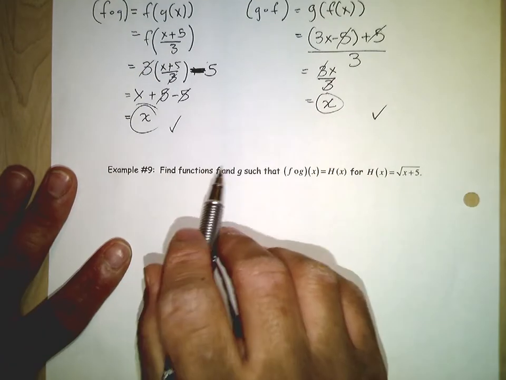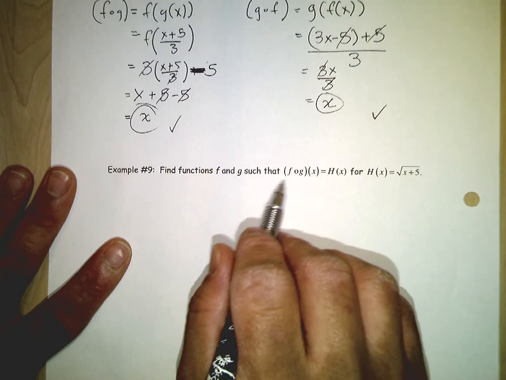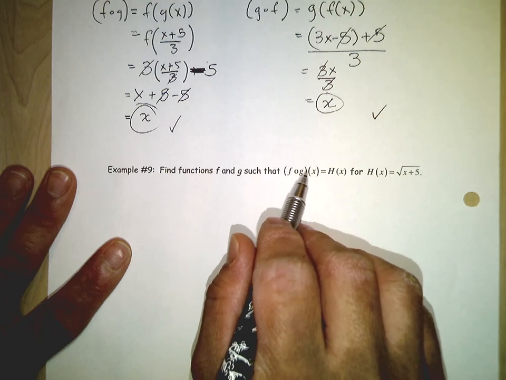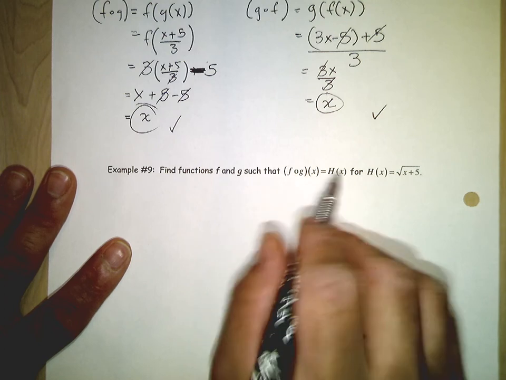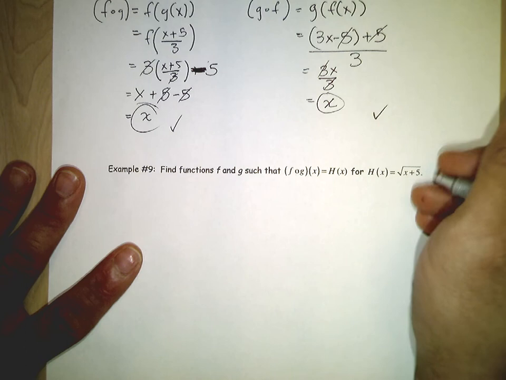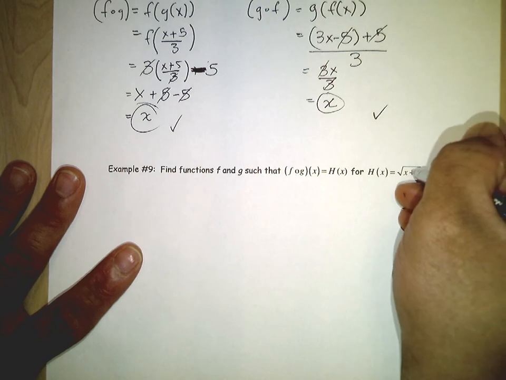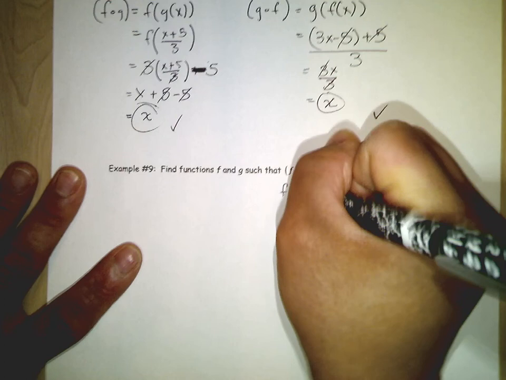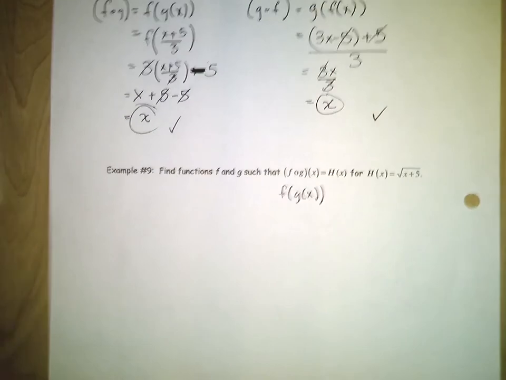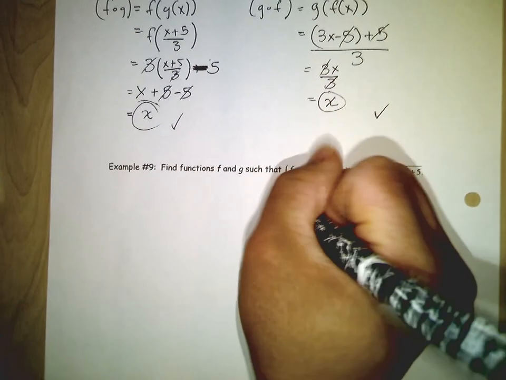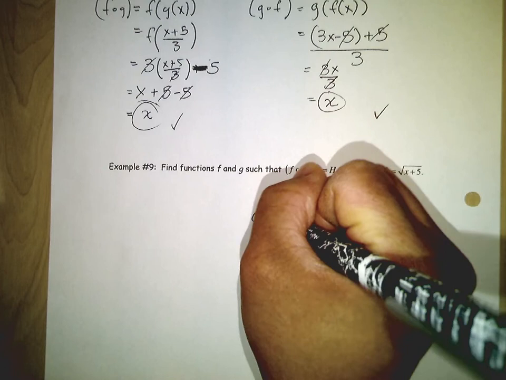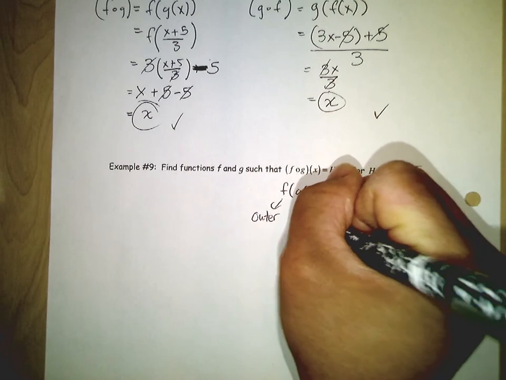All right, find functions f and g such that f of g of x equals h of x. So that means really what we're saying is that in f of g of x, the f is the outer function and the g is the inner function.